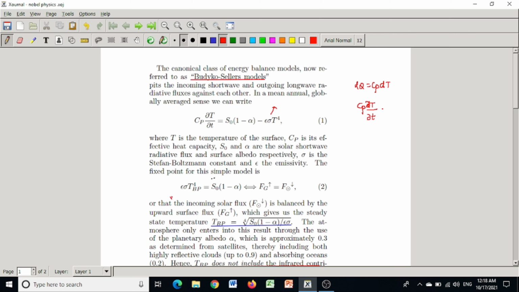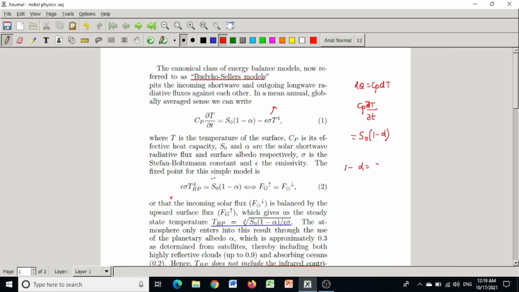then rate of change of surface temperature is given by amount of energy absorbed per second by the Earth, where alpha is equal to albedo, that is reflectivity. So 1 minus alpha is absorptivity, that is rate of amount of energy absorbed by the earth, S0 being the incident energy.